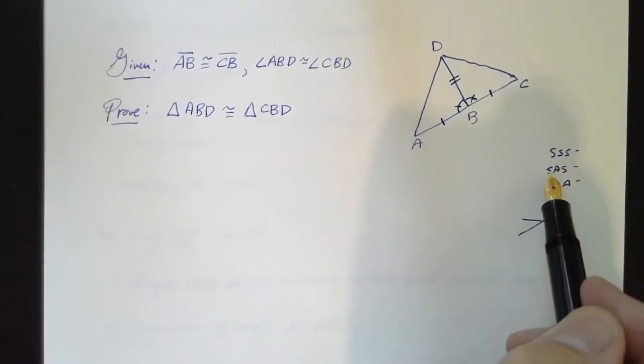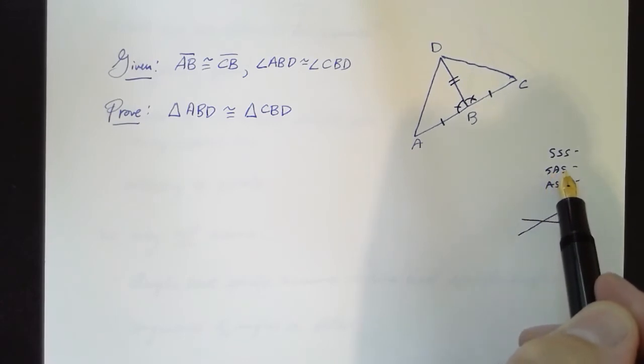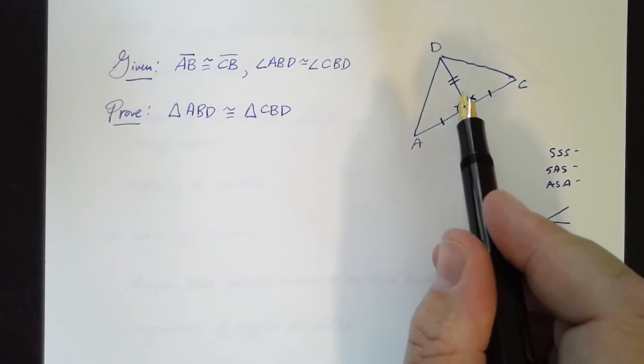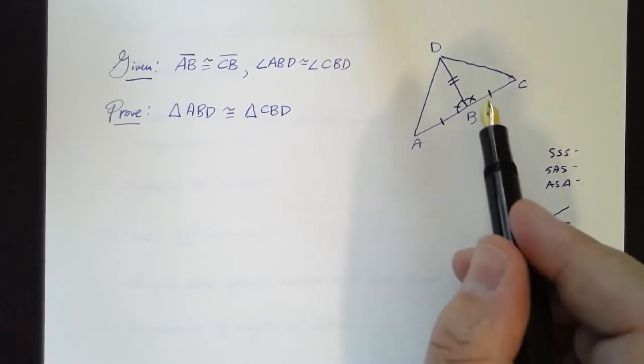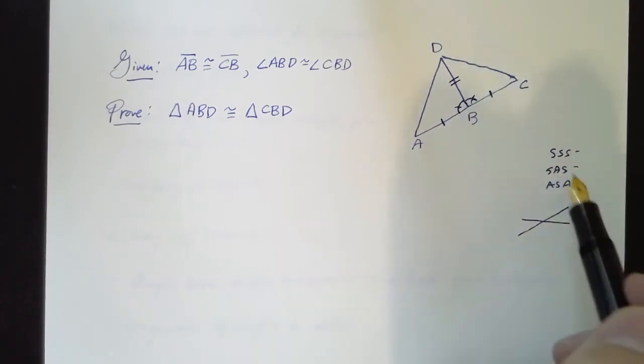This is the SAS pattern. The A is touching both S's, and here the angle, literally the arc for the angle, touches the two sides in both triangles. So I have my SAS pattern.